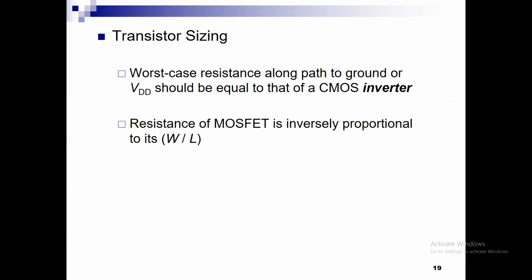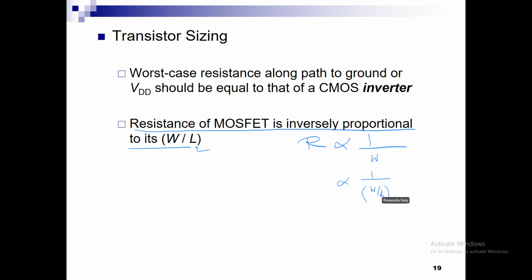The second point that it is telling me is that the resistance of the MOSFET is inversely proportional to W by L, meaning R is proportional to L over W. Typically, L is fixed. Typically, the length for the device remains constant. So it's proportional to 1 over W, or we can say it's proportional to 1 over W by L. For a given technology, L is always constant.